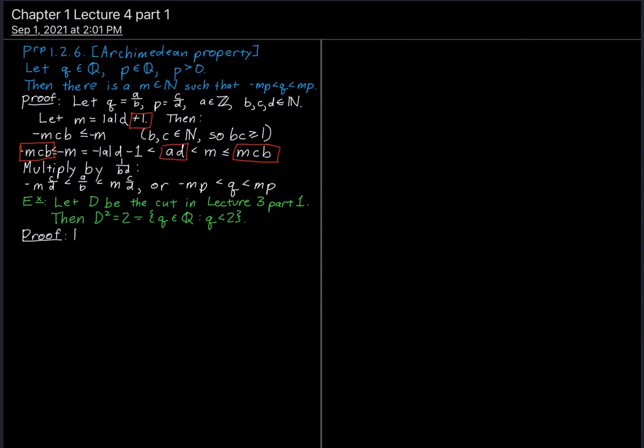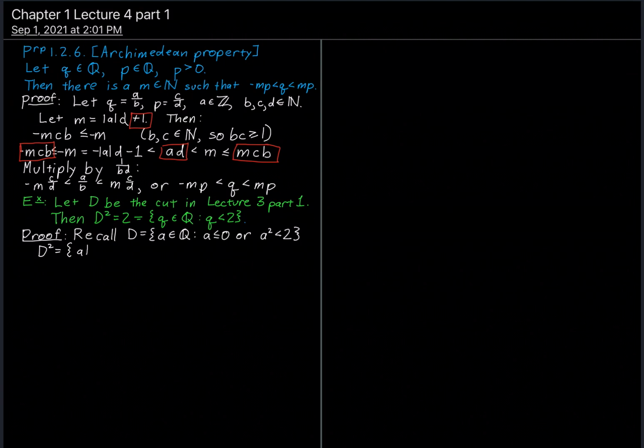So let's recall how these things are defined. D is the set of all rational numbers A in Q such that either A is negative or 0, or A squared is strictly less than 2. And we recall multiplication of cuts, D squared.